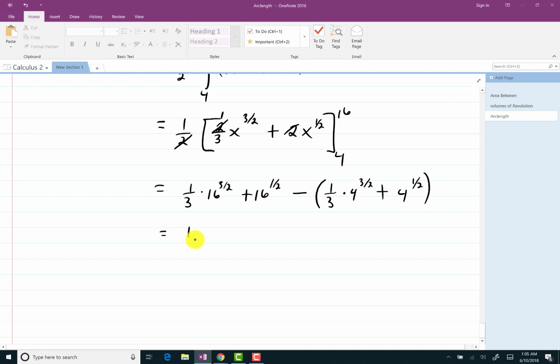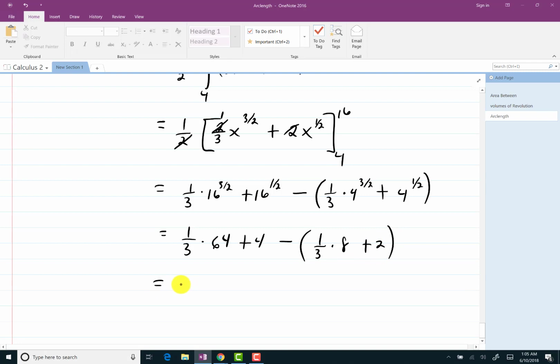That equals 1/3 times, I like to do the fractional part of the power first. So 16 to the 1/2 is 4. Then you take 4 to the 3rd power and you get 64 plus 4 minus, here 4 to the 1/2 is 2. 2 cubed is 8. So I'm at 1/3 times 8 plus 2.